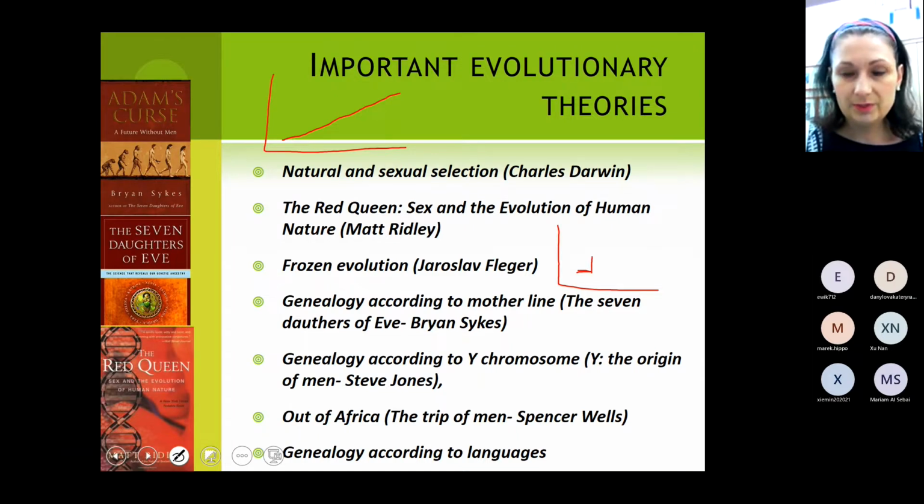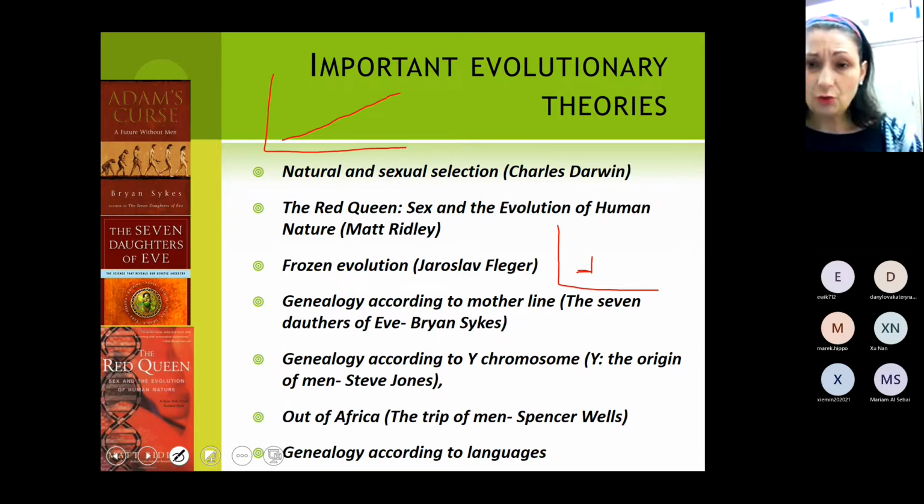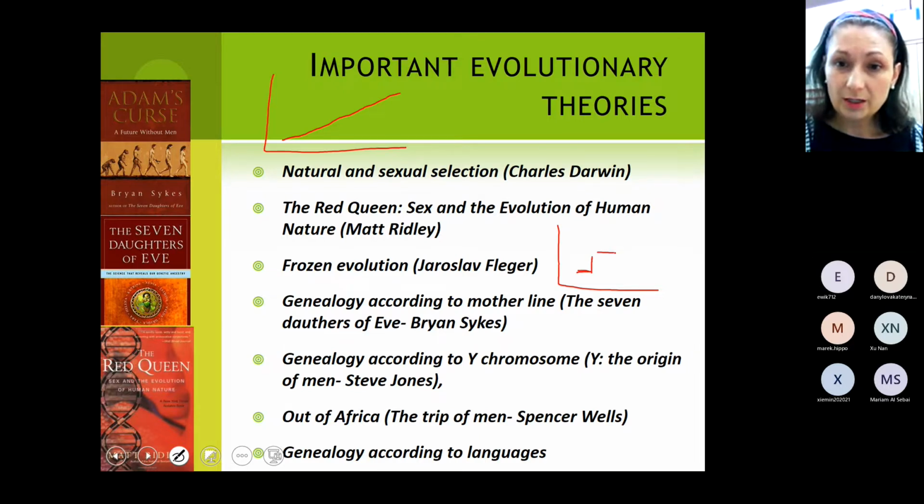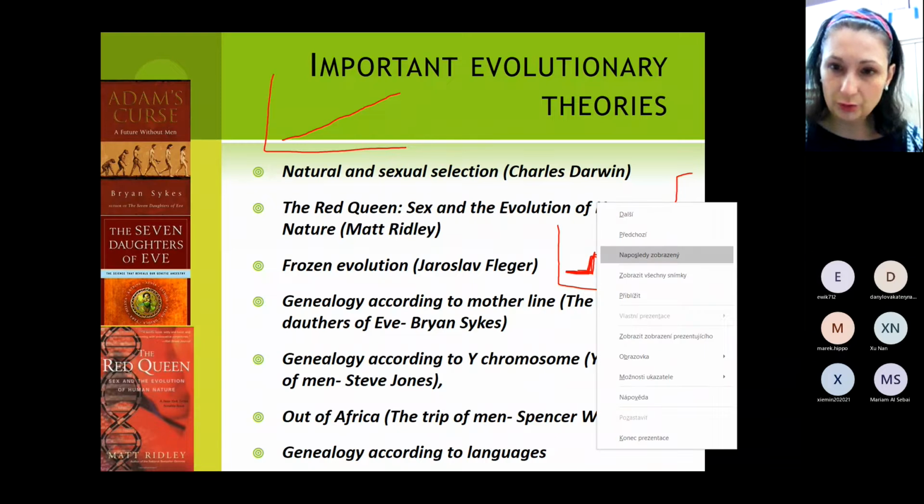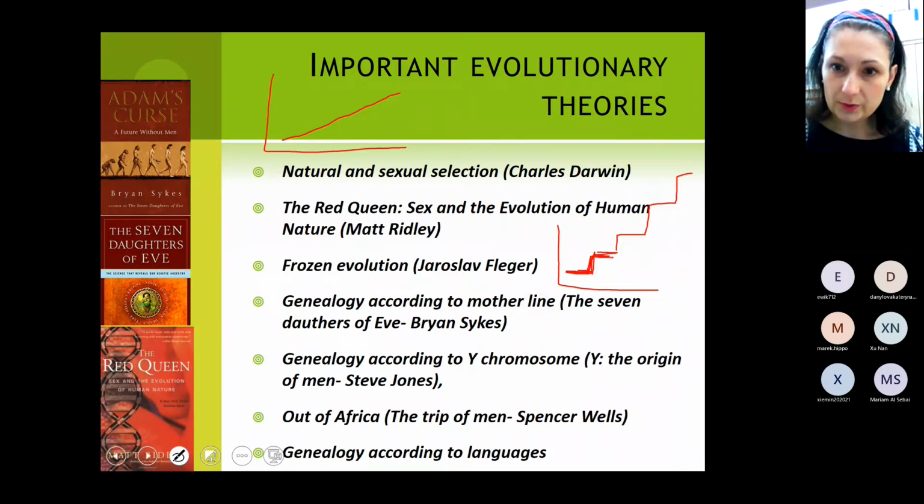Then something happens, the selection is stronger, therefore we change. So the evolution is frozen in these linear parts. Then by a jump something happens, and then we again continue without doing anything.